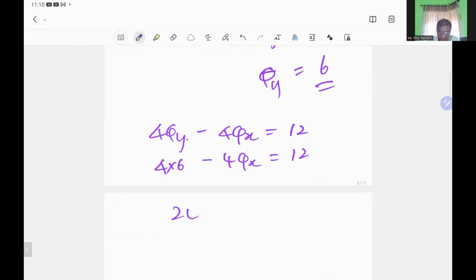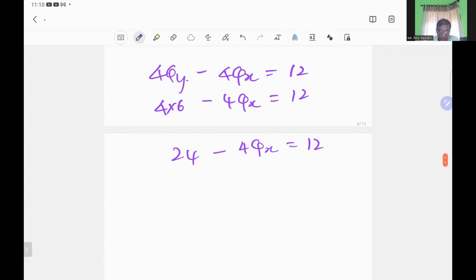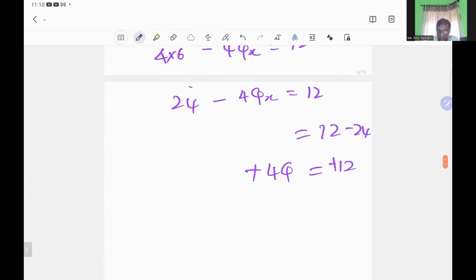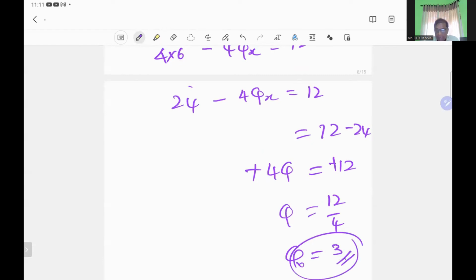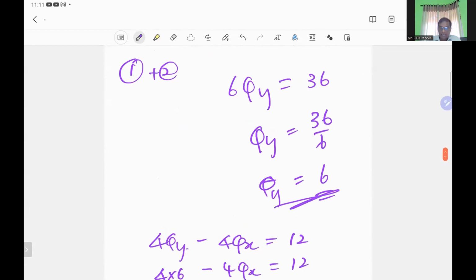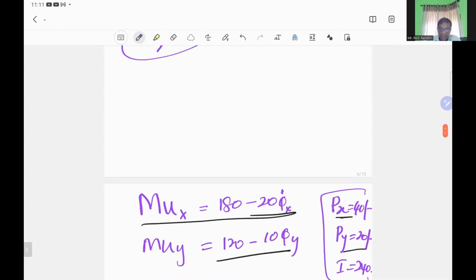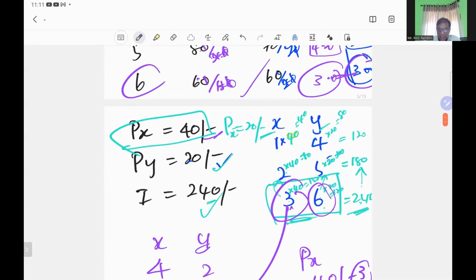Here 24, 4qx, here 12. Then 24 come to this side, that is minus 24, then minus 12, here minus 4qx. You can remove the minus into minus, that is plus. Then qx equal 12 divided by 4, that is qx equal 3. Qx equal 3, qy equal 6. Same answer you can get. Then qx equal 3, qy equal 6.